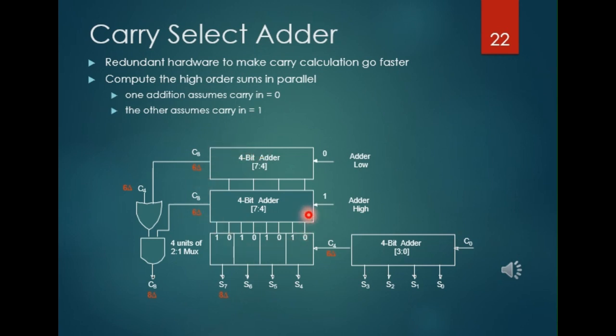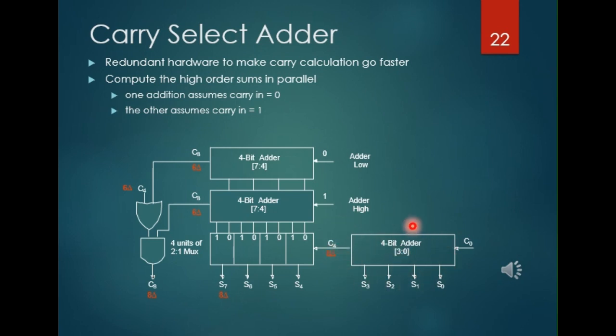The upper 4 bits is implemented by a pair of adders, where for one of the adders we assume carry in 0 coming from the lower 4 bits, and for the second 4-bit adder we assume there's a carry equal to 1 coming from the lower 4-bit summation. So by having the redundant hardware, meaning the extra hardware, we can start the upper 4-bit addition earlier.